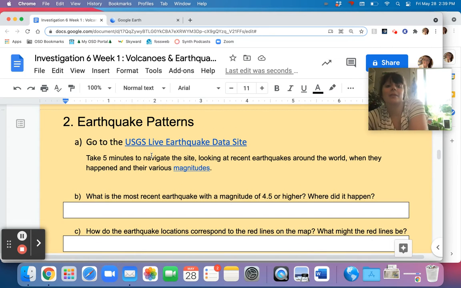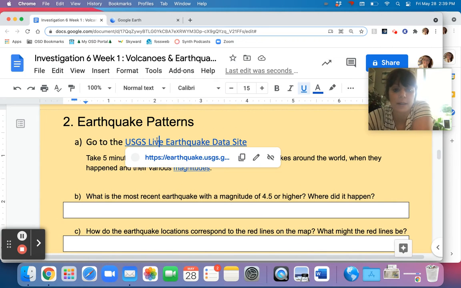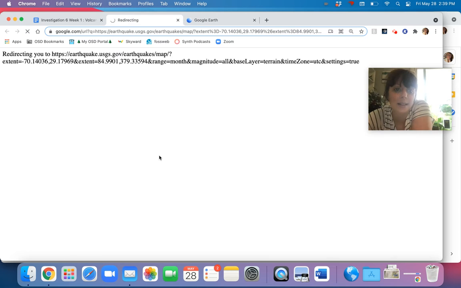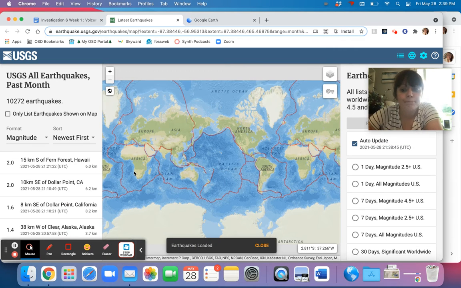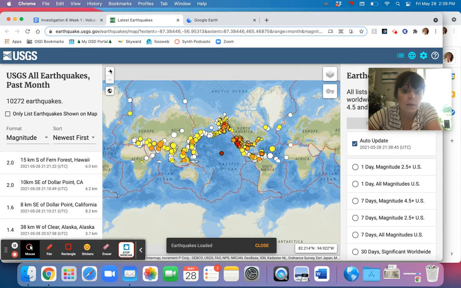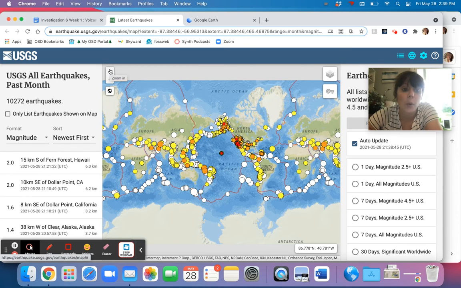Earthquake patterns: go to the USGS Live earthquake data site. This is pretty amazing. If you zoom in a little, it just takes a moment to load.